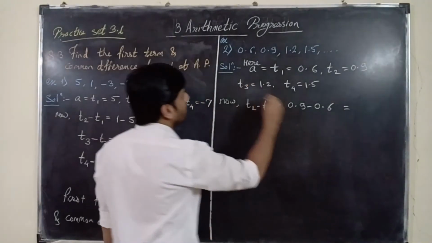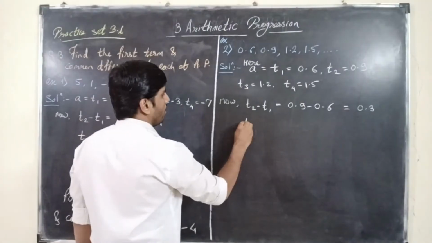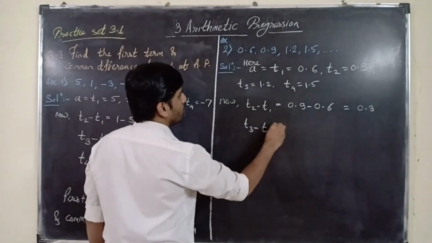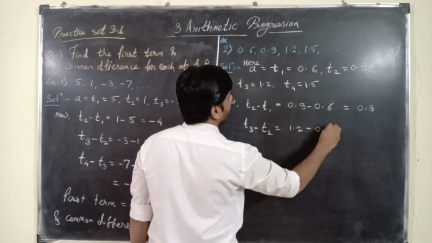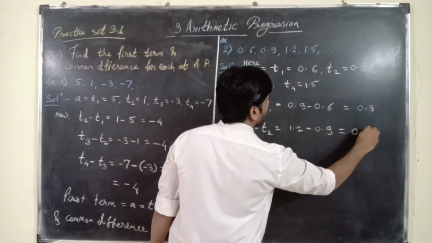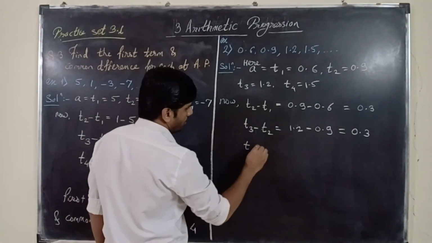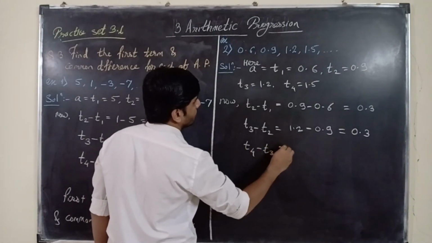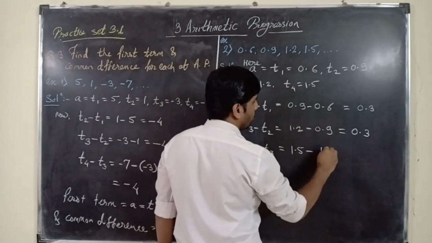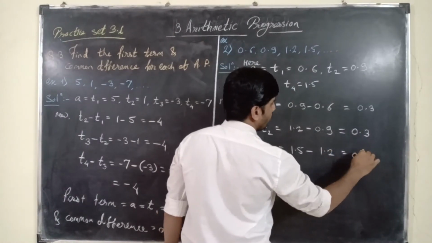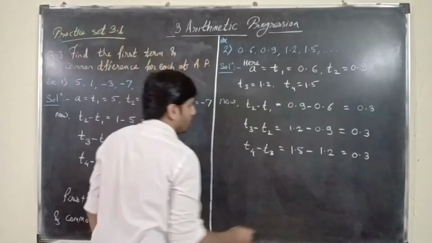The subtraction is 0.3. T3 minus T2, which is equal to 1.2 minus 0.9, which is also 0.3. T4 minus T3 is equal to 1.5 minus 1.2, which is equal to 0.3. So we have got the common difference, which is 0.3.